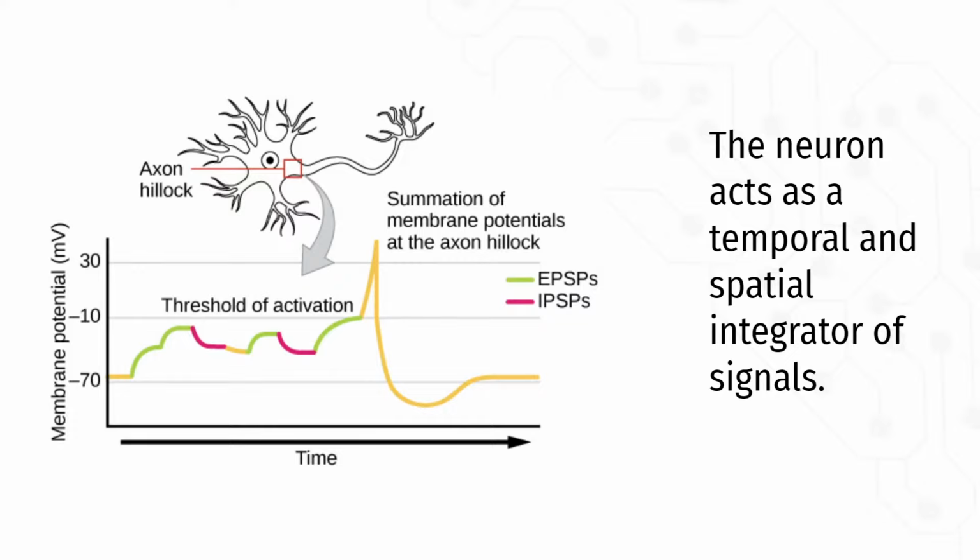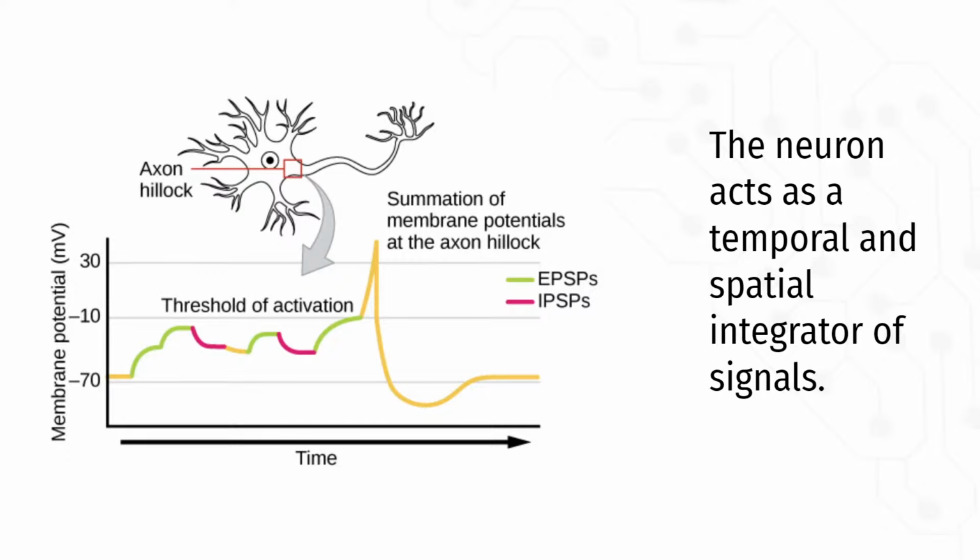Now, it's not as simple as that. It doesn't literally sum up all the signals that it receives, but there's a mechanism which allows a single neuron to sum up all the signals which it receives from its neighboring neurons, which is the spatial part of the spatial integrator of signals, and it also does the same thing over time, right? So hence it's a spatial and temporal integrator of signals, right?